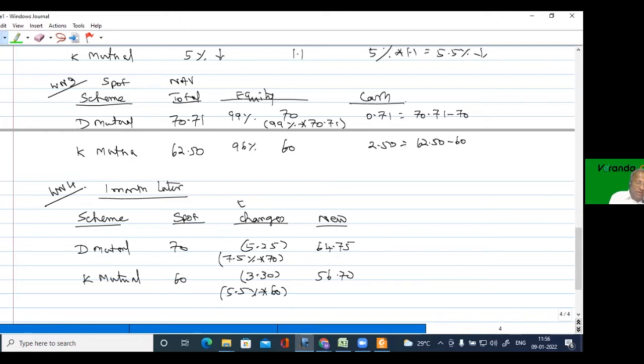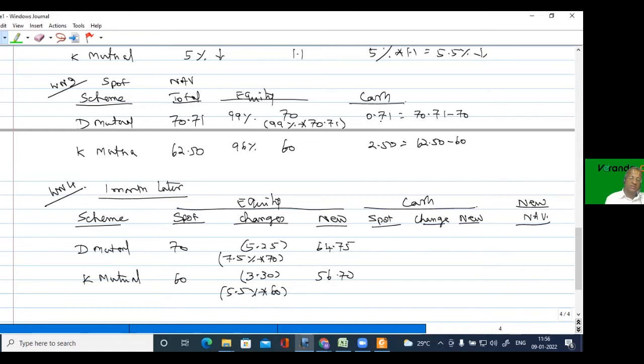This is for equity. Correct. For cash, spot, change, and new NAV.